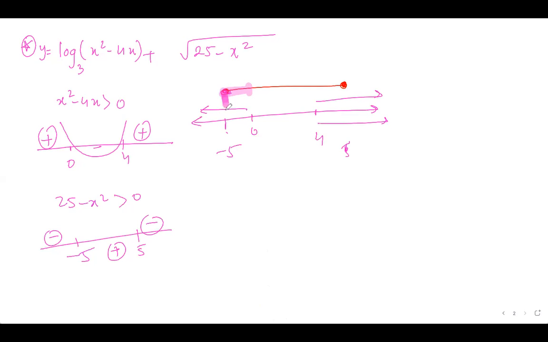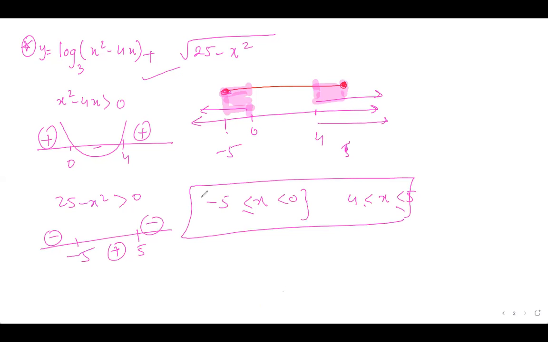So this is the common domain that we see in both functions. Here the domain is x from -5 inclusive until 0, and from 4 until 5. If you wish to write it in set notation, that's the union. So this is the common domain procedure.